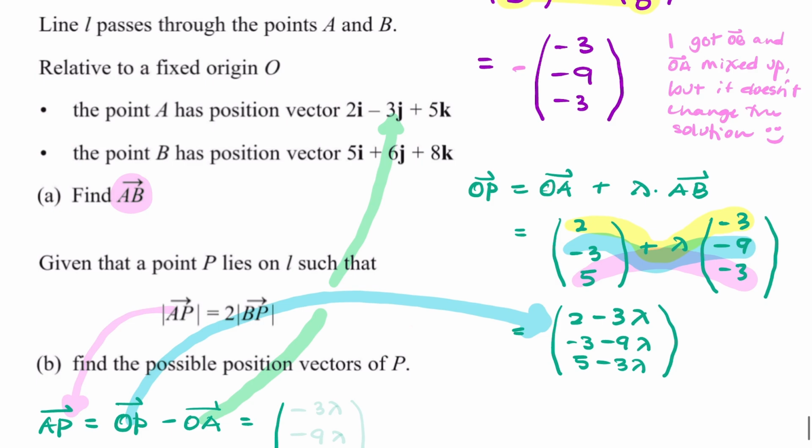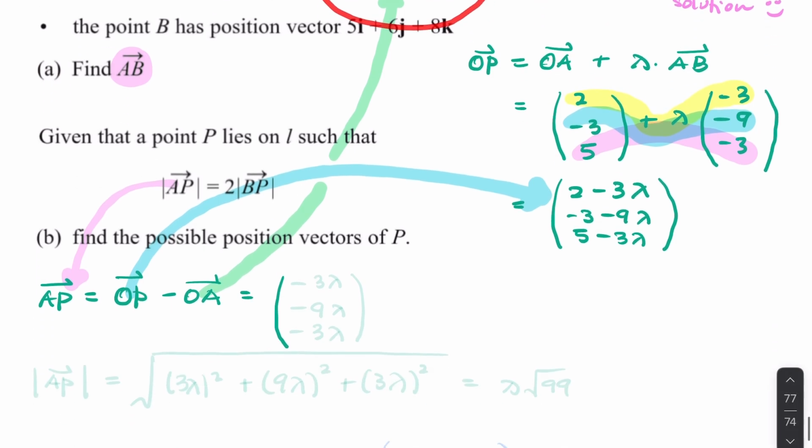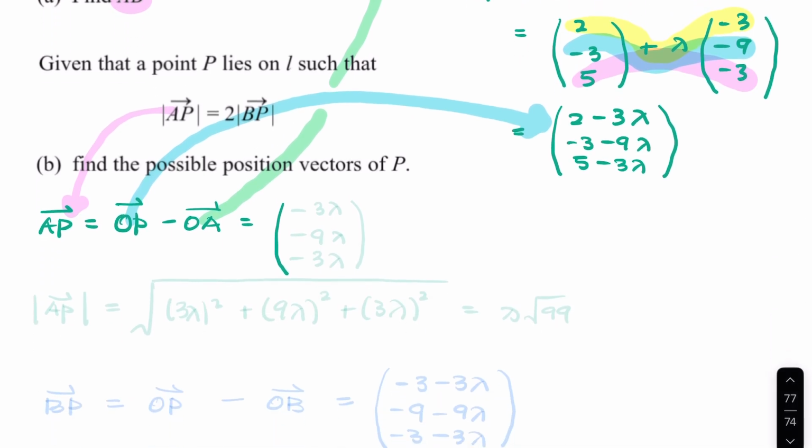So it'll be 2 minus 3 lambda minus 2, so that's -3 lambda, then -3 minus 9 lambda minus -3, so that'll be -9 lambda, and 5 minus 3 lambda minus 5 is negative 3 lambda.